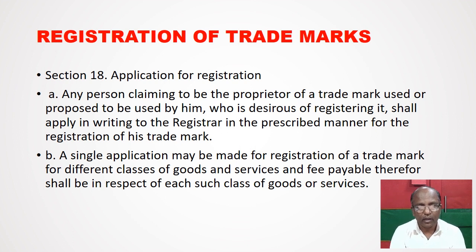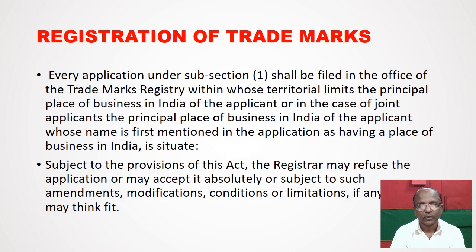So one has to make a written application for the registration process, and a single application may be made for registration of a trademark for different classes of goods and services, and you are required to pay the fees in respect of each such class of goods or services. Every application under the subsection shall be filed in the office of the trademark registry within whose territorial limits the principal place of business in India of the applicant lies, or in the case of joint applicants, the principal place of business in India of the applicant whose name is first mentioned in the application as having a place of business in India.